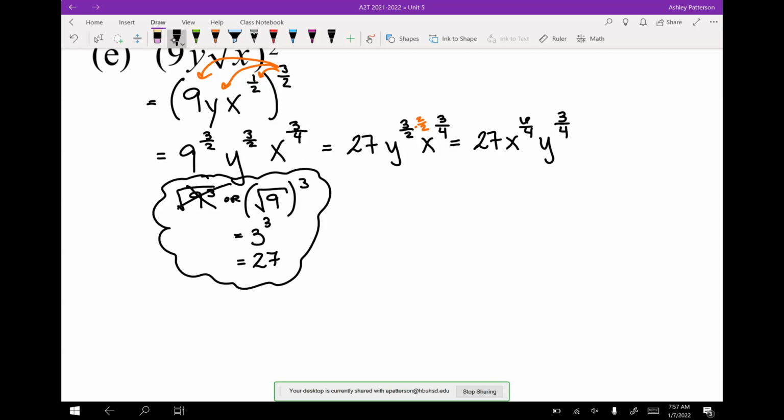Now they have the same index. The 27 stays on the outside, but we can write the fourth root of x to the 6th, y to the 3rd. We are able to simplify them. What did I do? I switched the x and the y, didn't I? Yep, thank you so much.